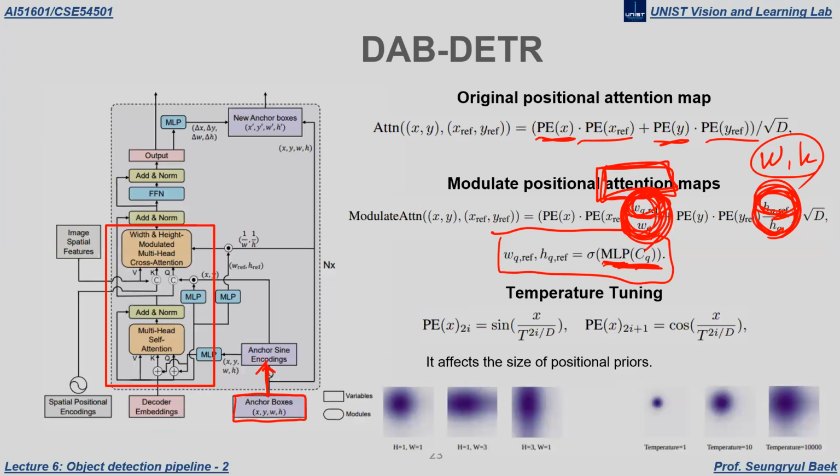This is DAB-DTR. And this is also written in the paper. So previously, these temperatures are used, okay? So I saw that this temperature is this value.